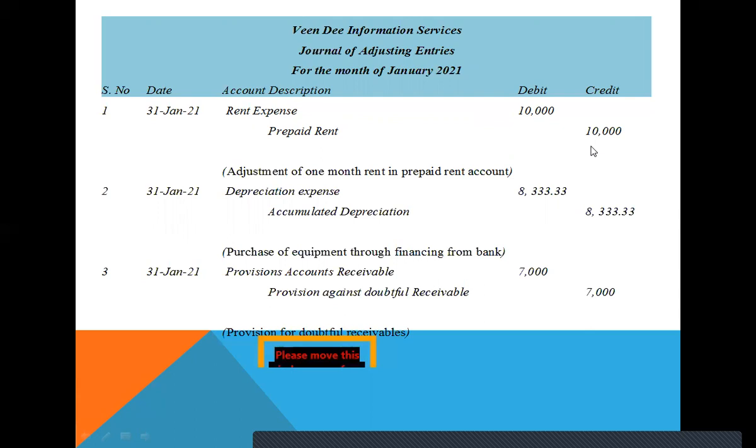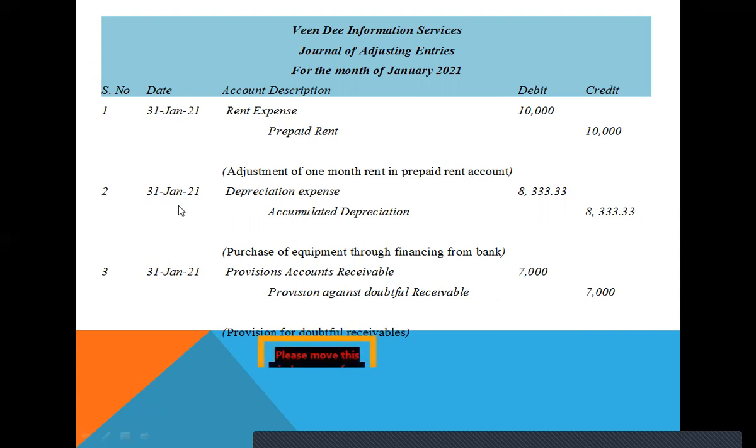Now your balance for prepaid rent is 10,000 pesos, because 20,000 pesos minus 10,000 pesos for the month of January. If you make the trial balance, you can see that later. So you write the notes here, adjustment of 1 month rent in prepaid rent account.